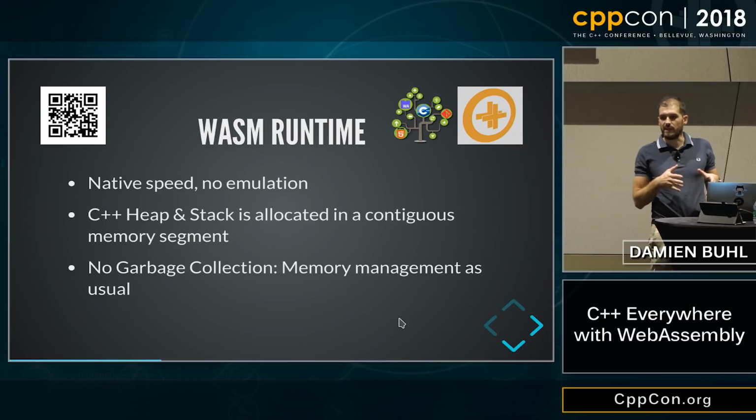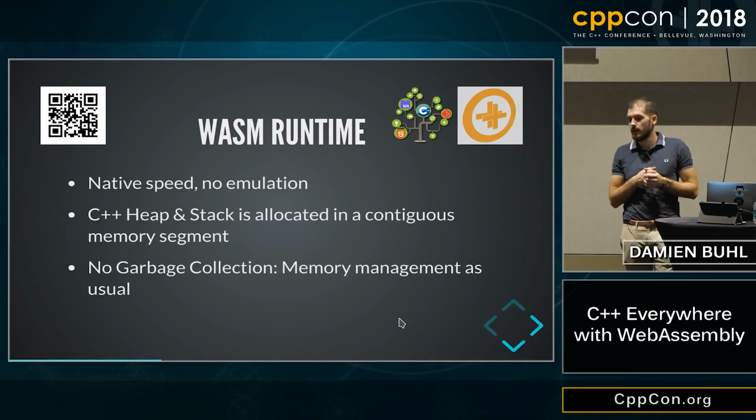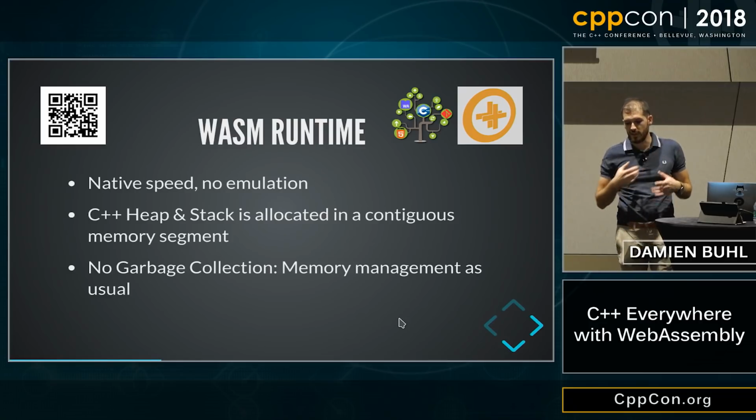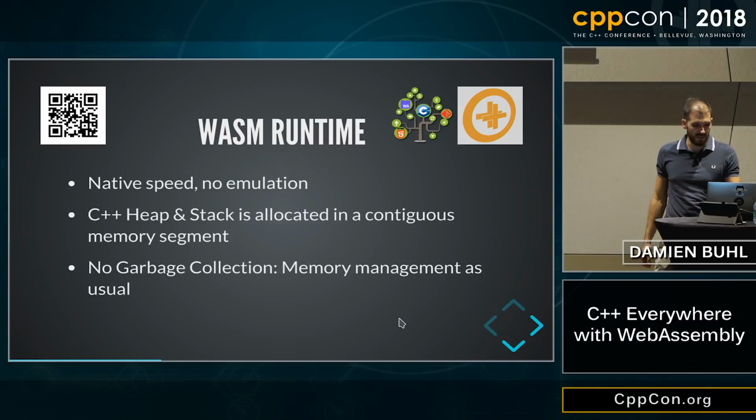That means that you don't have any garbage collection occurring, because you manage the memory as you would be used to in C++ on a native platform. It's not different anyhow.